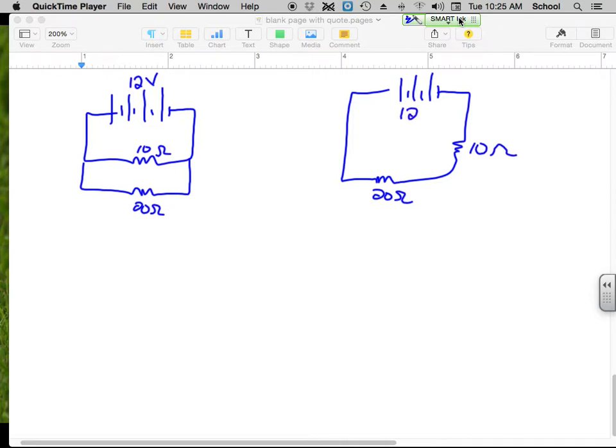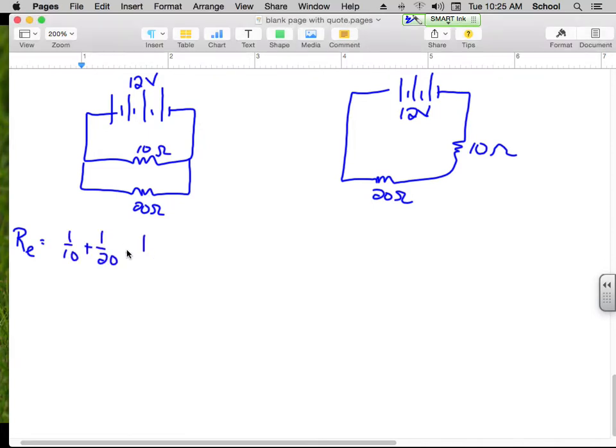So if I want to know the effective resistance, how do I add up the effective resistance when they're in parallel? It's 1 over, inverse. Yeah, so 1 over 10 plus 1 over 20 equals 1 over R effective.